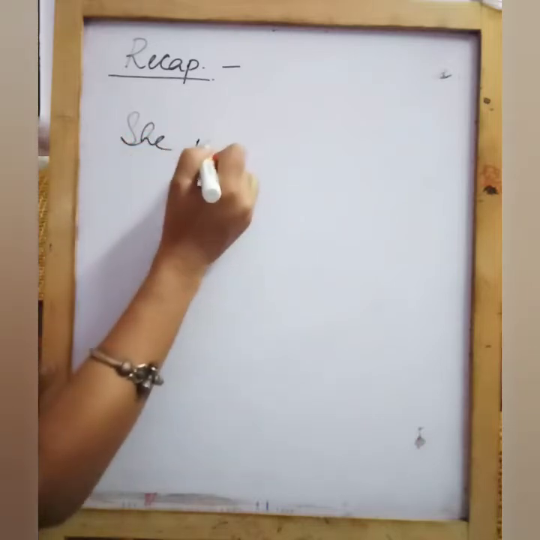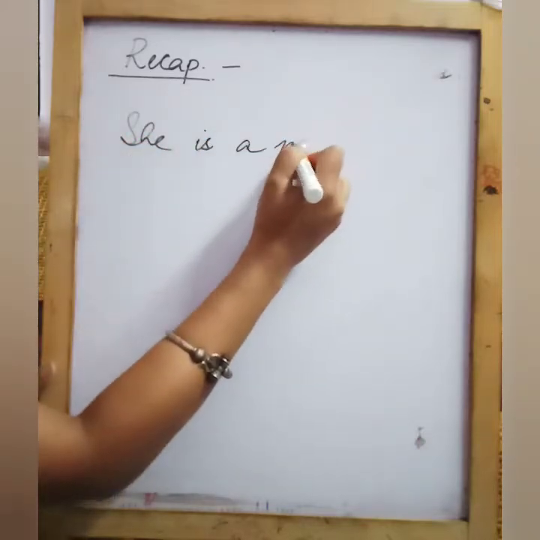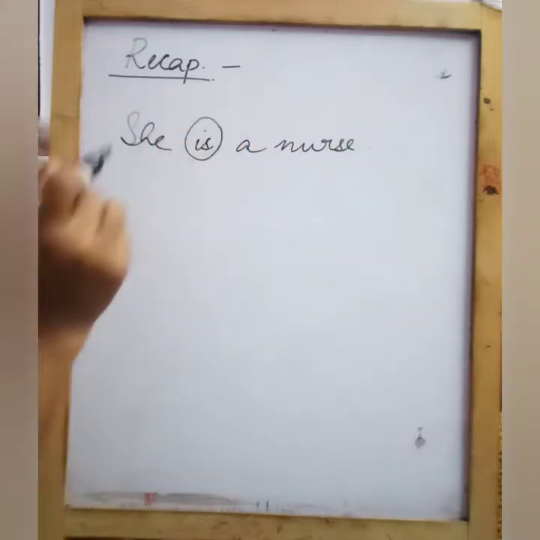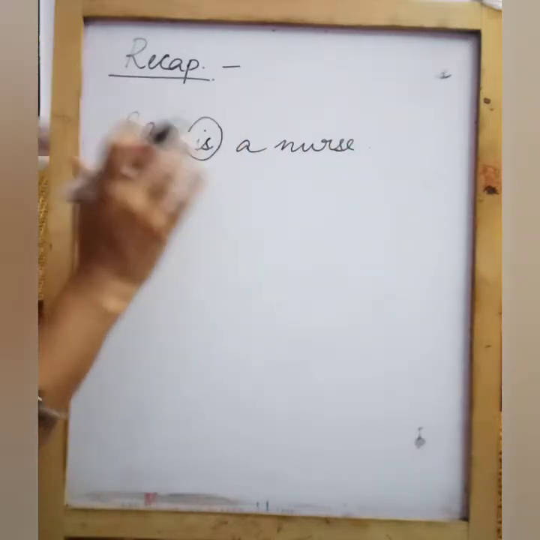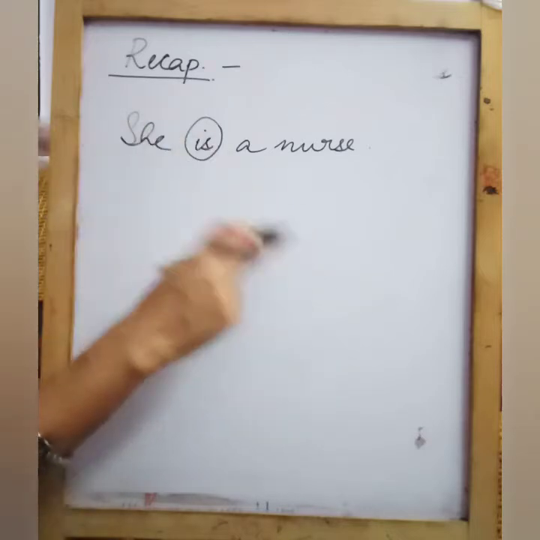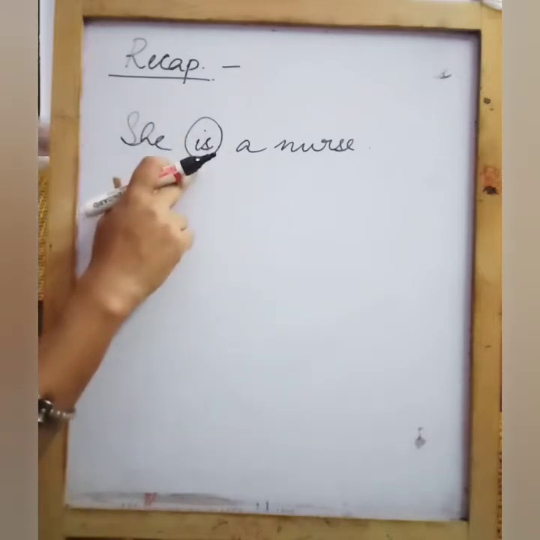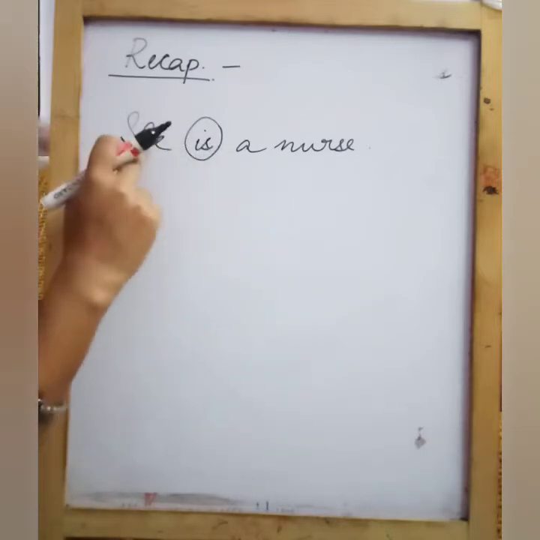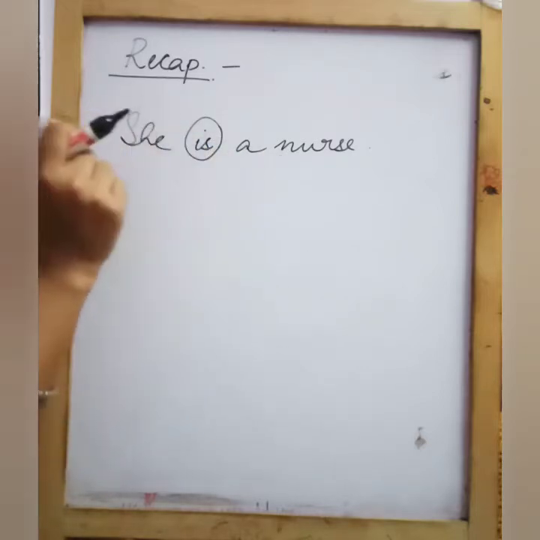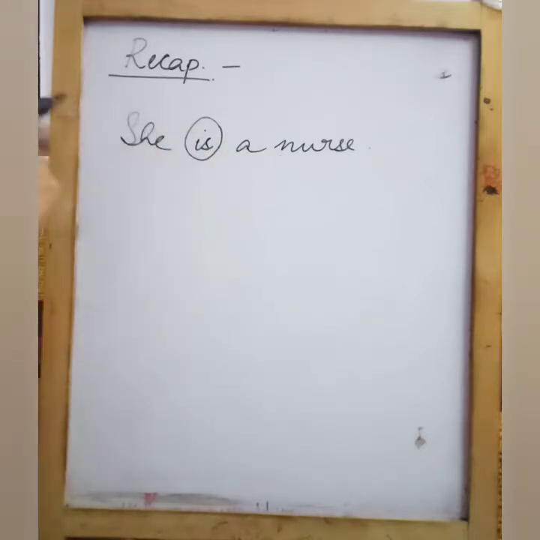In this sentence, the verb is defines a state. It is not indicating any kind of action. It is only defining a state, that she is a nurse. So that is a stative verb. It describes a state rather than any action.